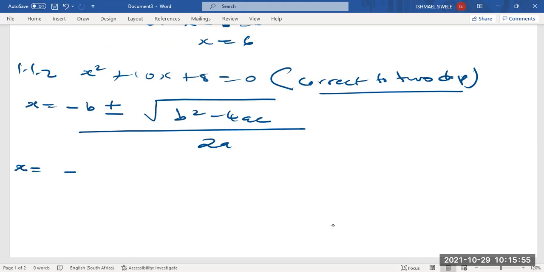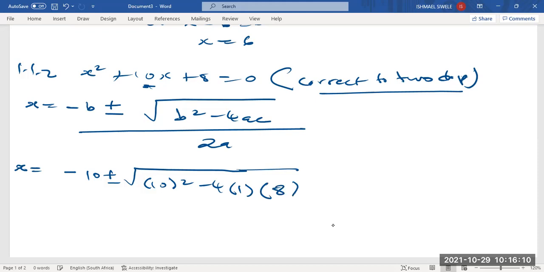The value of b there is 10, as you can see, and then plus minus the square root of 10 squared minus 4, our a there is 1, and our c there is 8, all divided by 2a, and a here is 1. So that is what we're simply going to do there.